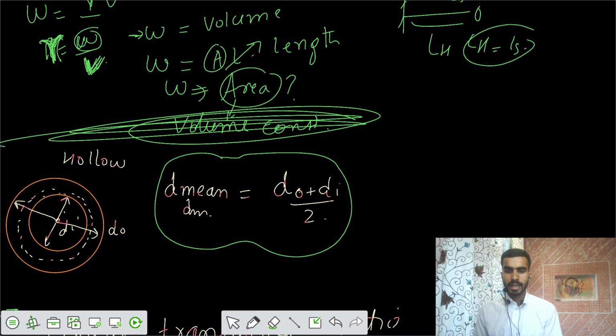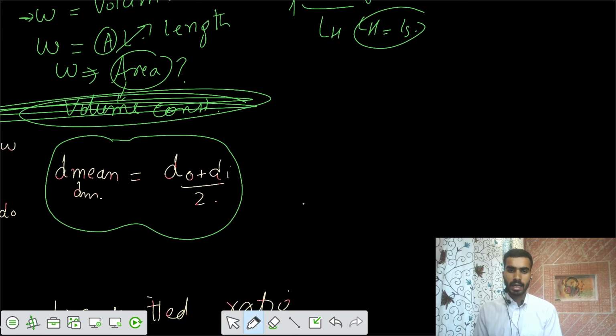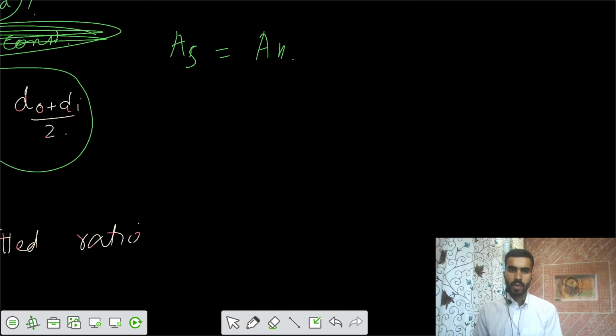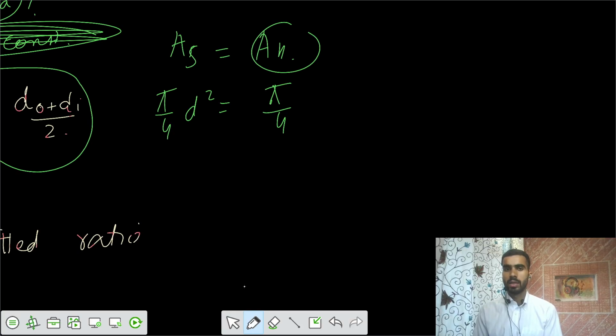So area solid equals area hollow. The area solid equals pi by 4 d square, and the hollow area equals pi by 4 times the area between the circles.